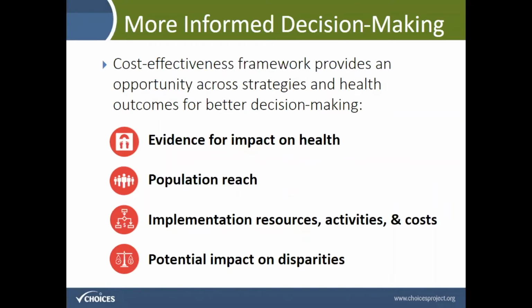How much does it cost to actually implement these activities? Are there any cost offsets? Like if you're effective, can you even save money on different interventions? And then finally, we're very interested in the potential impact, not just on population health, but on health disparities and health equity.